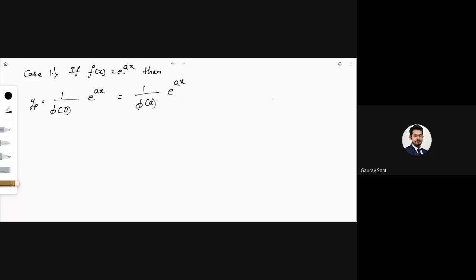Yashovardhan, what did we do here? 1 upon phi of D e raised to ax is equal to 1 upon phi of a e raised to ax. So we substituted capital D by a. And what is the significance of a? What is a? Don't know, sir.